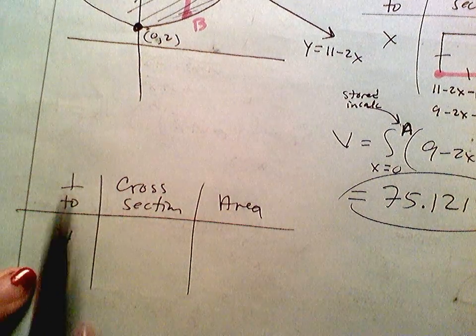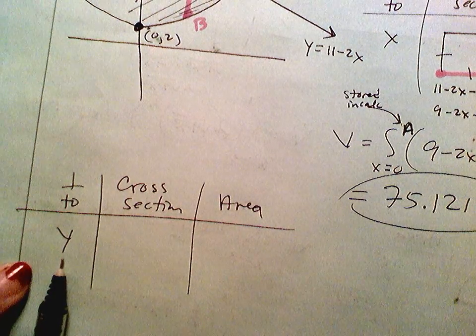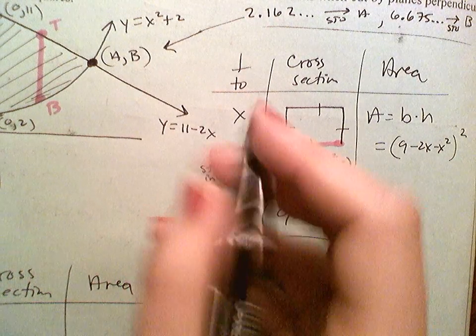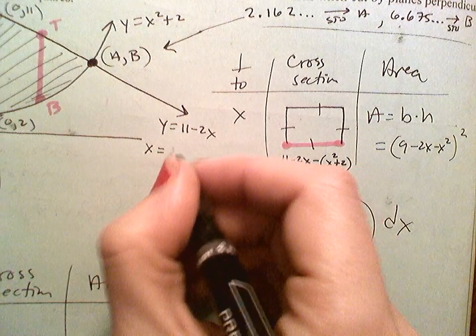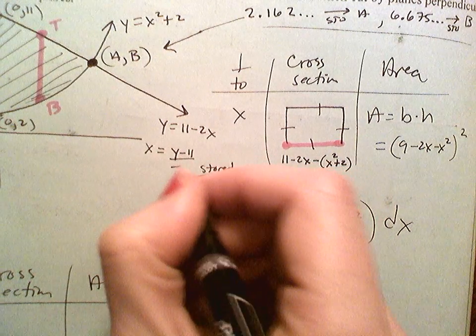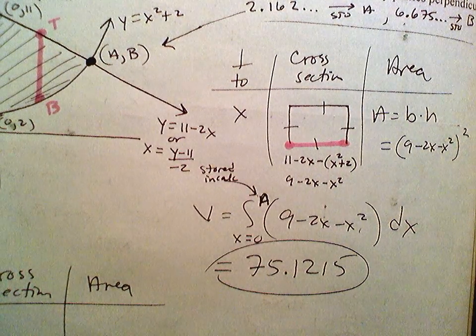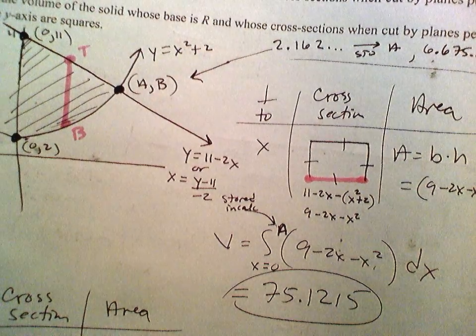So perpendicular to y. The reason this is important is because now we know everything must be in terms of y. So back up here, I'm going to solve for x. I'll have that x is equal to y minus 11 over negative 2. Those are two ways of expressing the equation of the same graph.